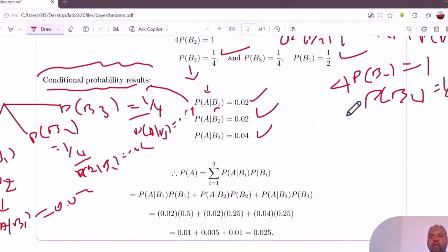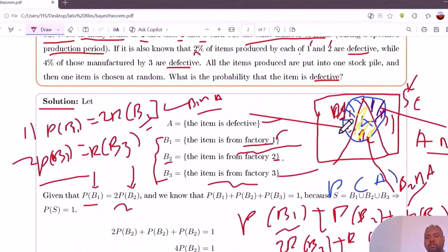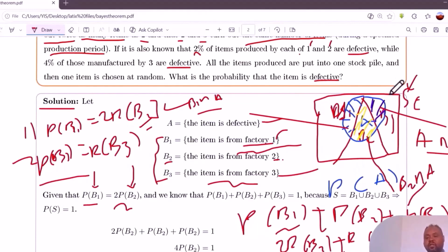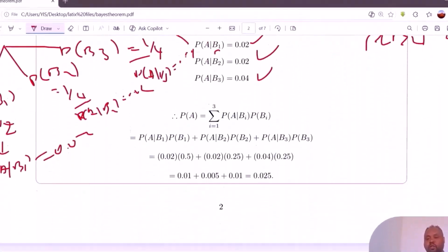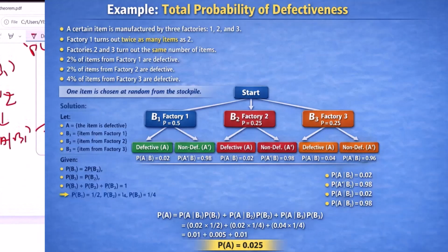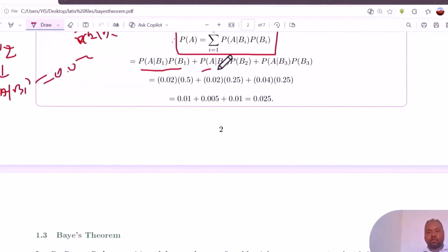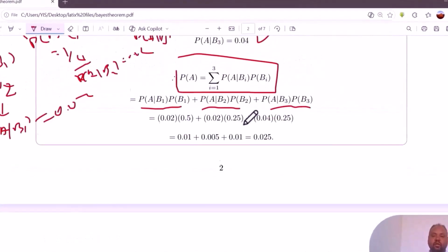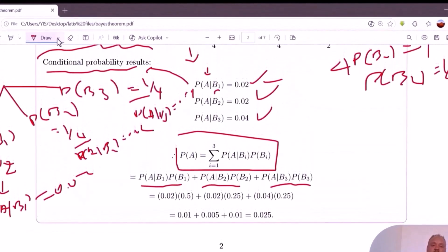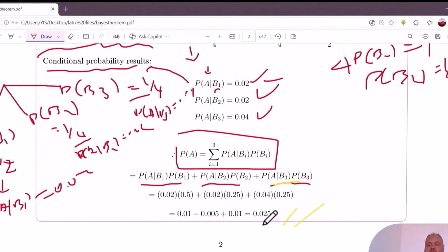The probability of A, which is represented by this circle event in this rectangular sample space and shares different characteristics from the respective machines, is obtained by the sum of the probability of A given Bi times the probability of Bi, where i runs from 1 to 3. That is this term plus this term, with 0.02 here, times the probability of B1, which is 1 over 2, 0.5. We obtain at the end of the day 0.025.